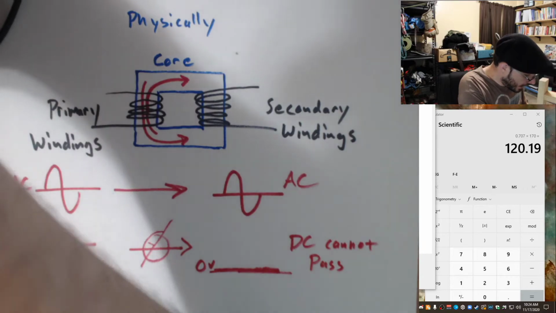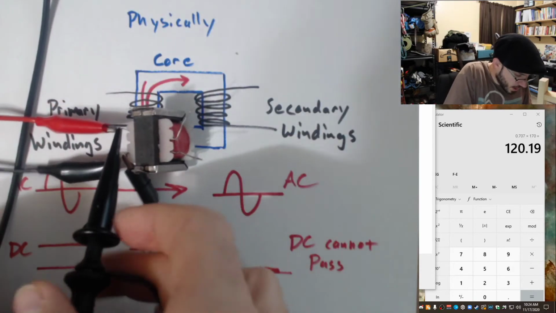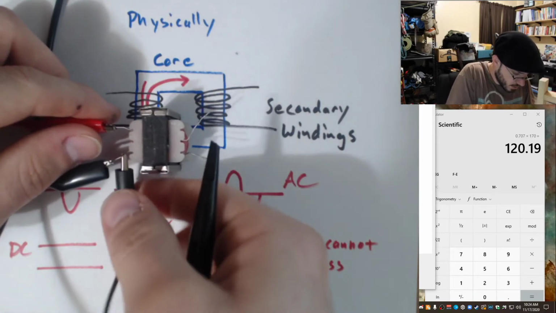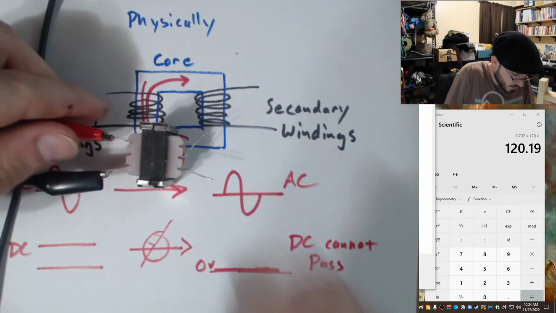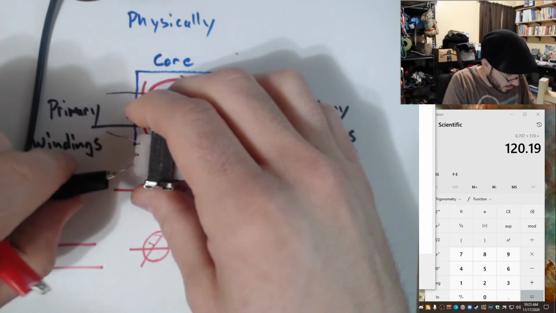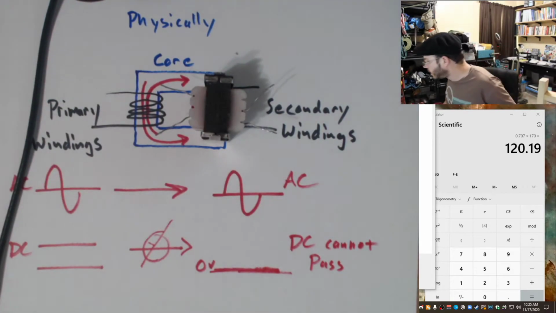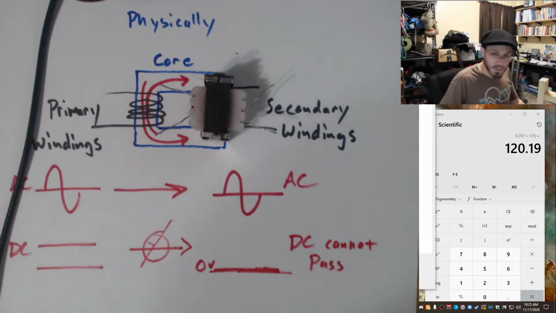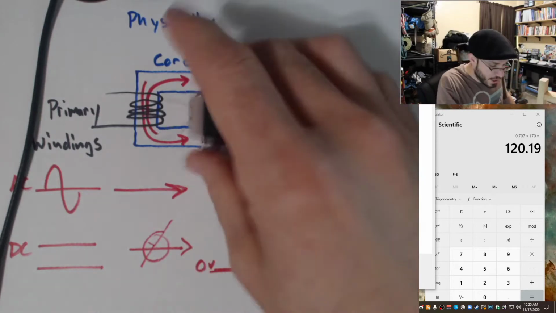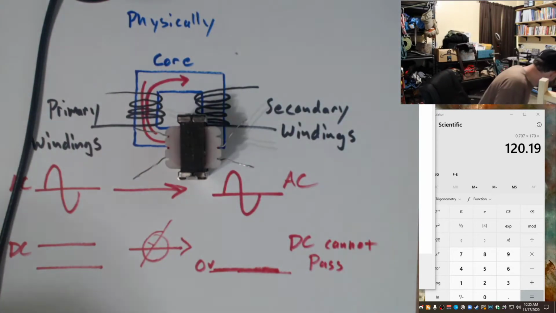And let me show that over here. I bet the easiest way for me to show this is with a 9-volt battery applied to our transformer.